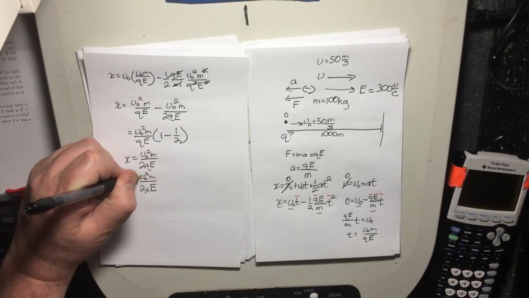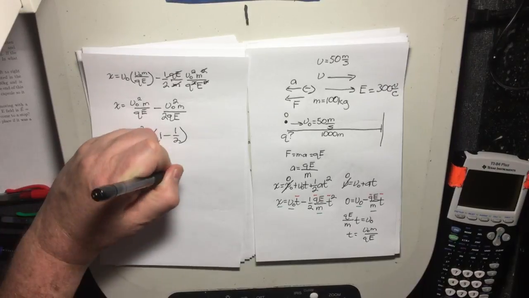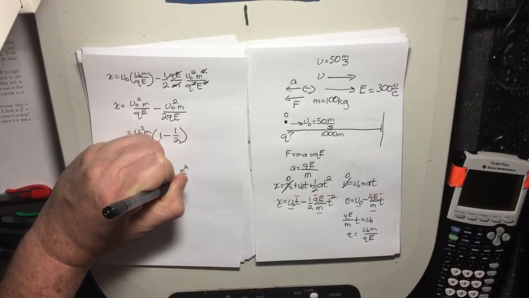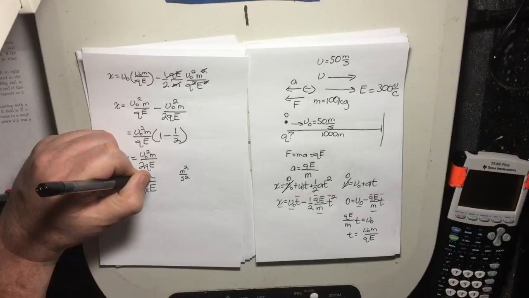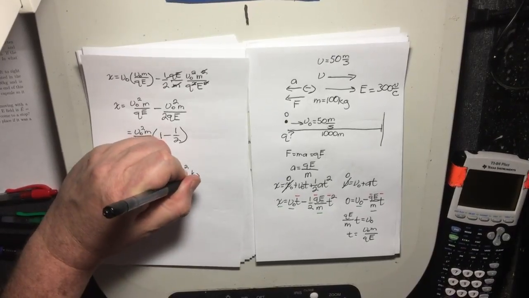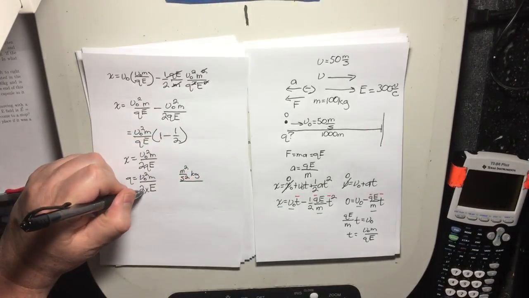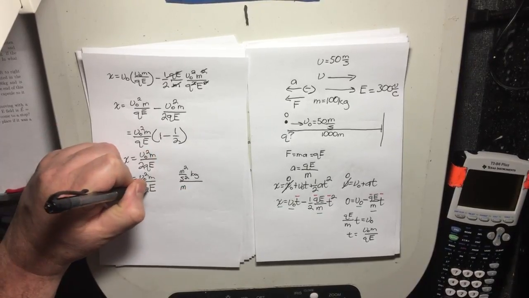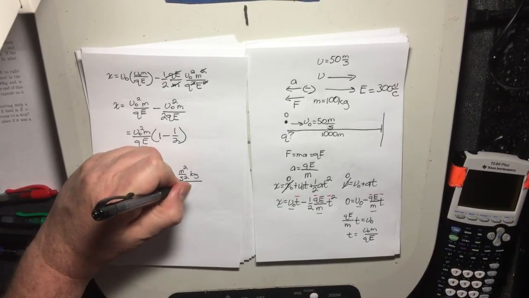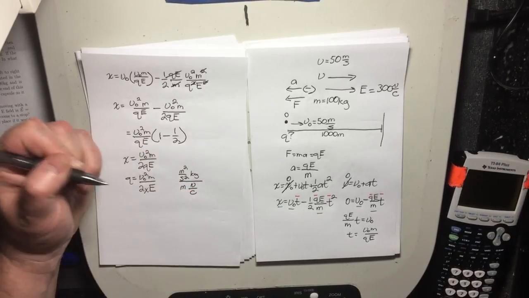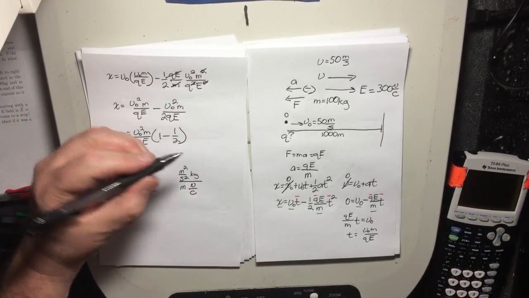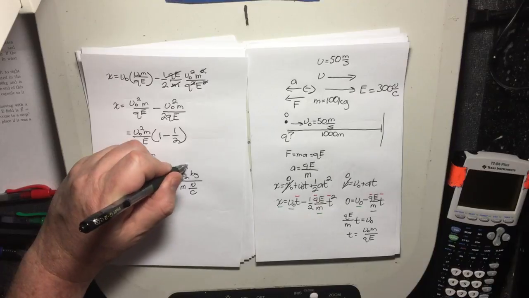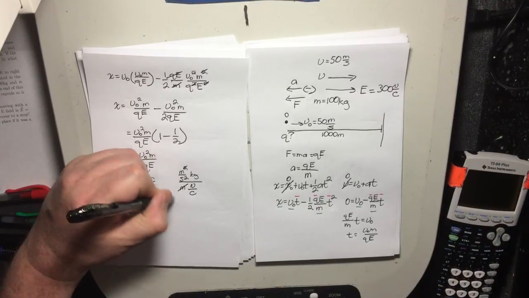V naught is a velocity, meters per second, or meters squared, second squared. M is the mass, kilograms. X is a distance, meters. E, electric fields are measured in newtons per coulomb. One of the meters cancels with that.